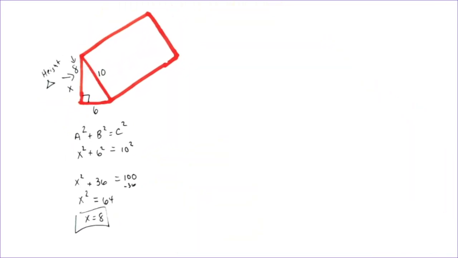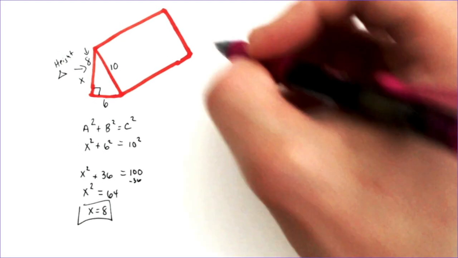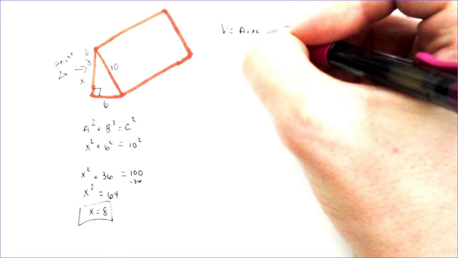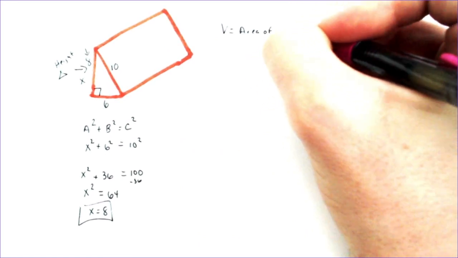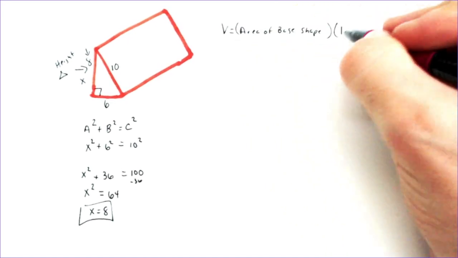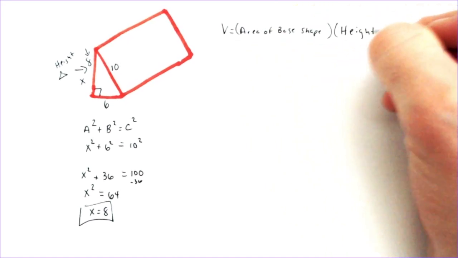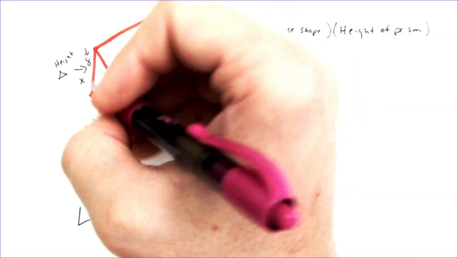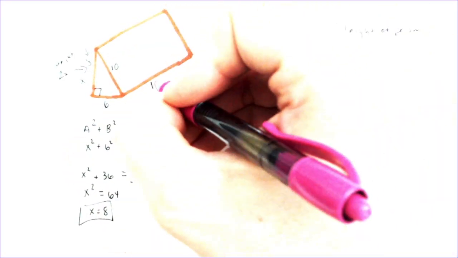And we now can use the height of that triangle to find the volume, which is the area of the base shape times the height, not of the triangle, but of the prism, which in this case, I'm going to say the height of the prism is 14.